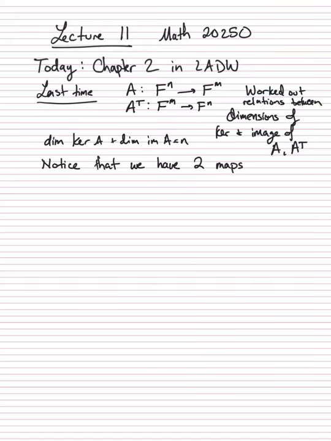So we have two maps: A A transpose, which goes from Fm to itself, and A transpose A, which goes from Fn to itself. In some sense these are nicer than their component pieces. For one thing, they're both square matrices, which is nice. They go from a fixed vector space to themselves.